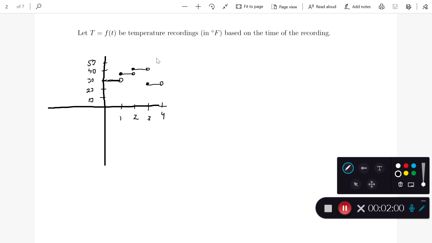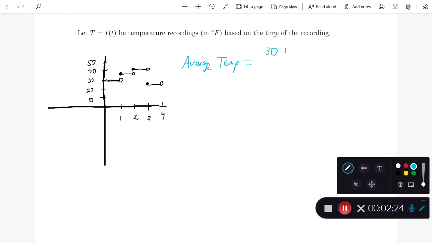And suppose that you needed to find the average temperature throughout this time period. Well, if you needed to find the average temperature, all you really need to do is take these 4 values and average them.